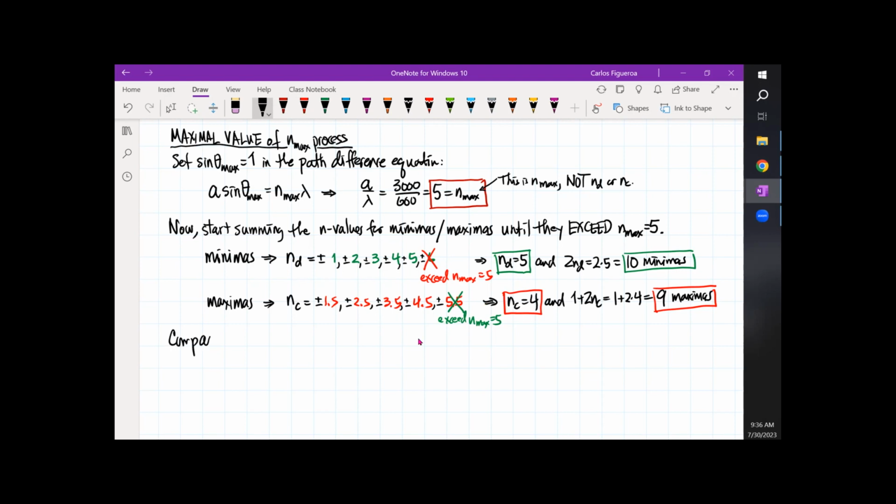So in comparing this process of Nmax to that of the sine theta sequence, this one is more efficient.